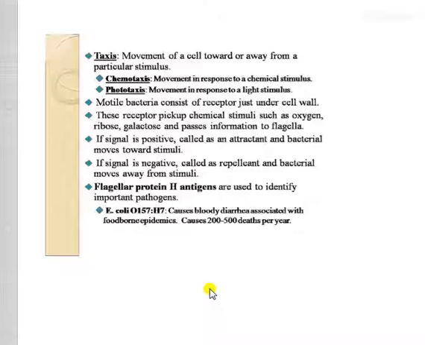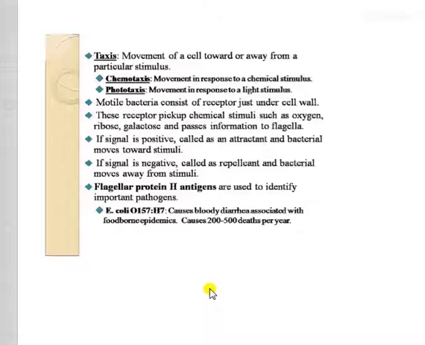Okay, so motile bacteria have receptors just under the cell wall, already explained, and these receptors pick up the stimuli. Suppose the bacteria require oxygen, then they will come to know that oxygen is present somewhere, so they will move towards that signal. Then it is called chemotaxis.